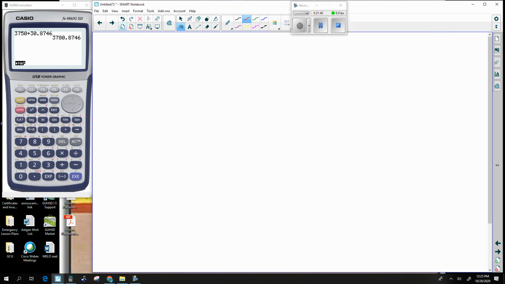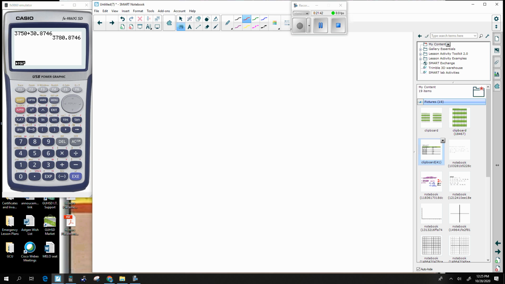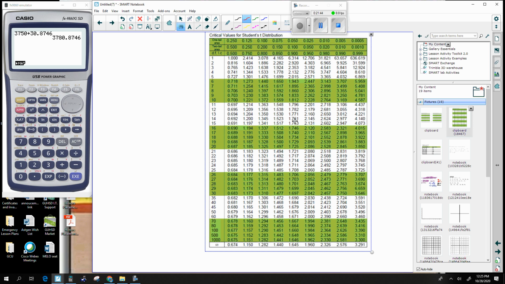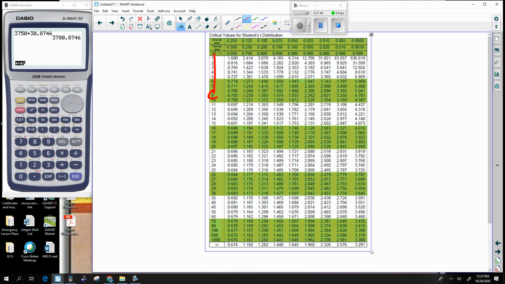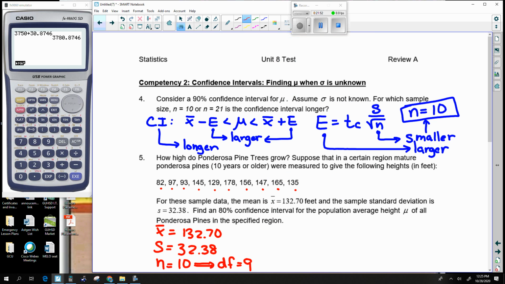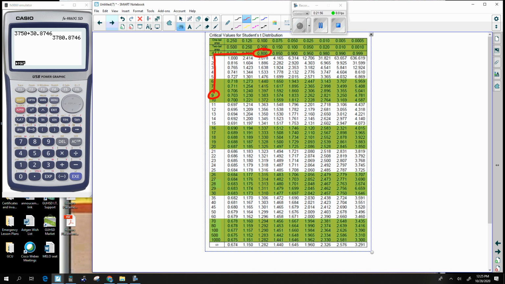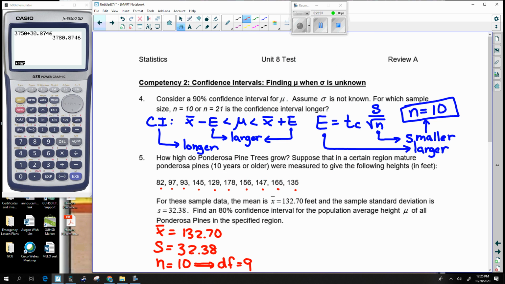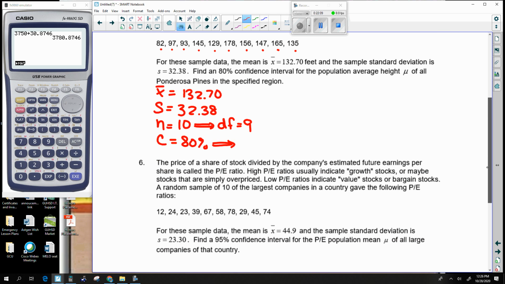Because it's an S, we have to use the T table. Here we have a degree of freedom of 9 and a confidence of 80%. Correct? Just want to make sure. Yeah, 80%. So the TC in this situation is 1.383.